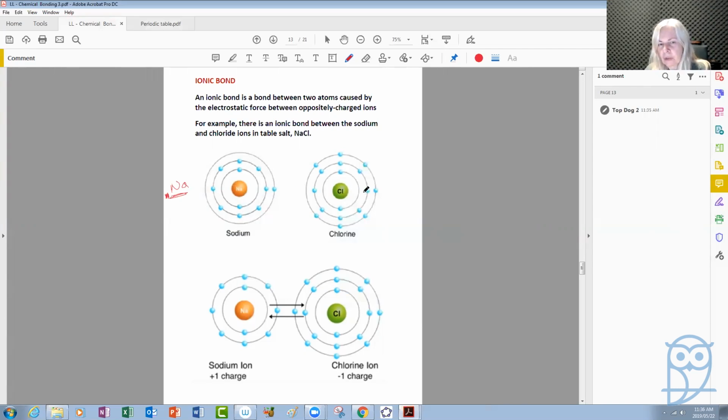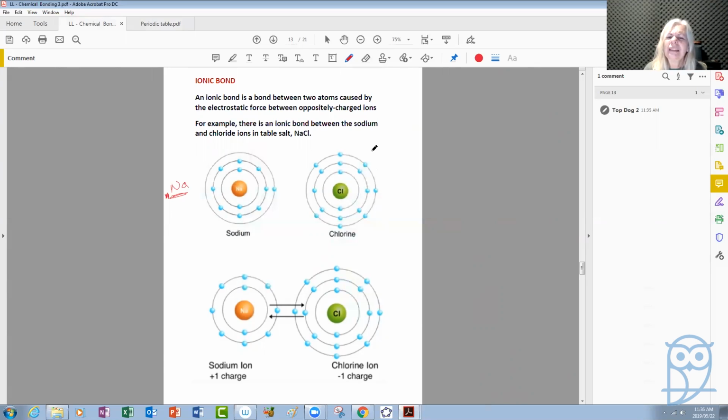The chlorine atom, on the other hand, has 17 electrons altogether when it's neutral, 2 in level number 1, 8 in level number 2, and 7 in the third level. So here, this one is 7 electrons if we count them.